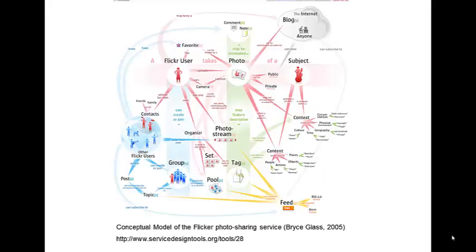Here's an example of a logical diagram for the Flickr photo service. So this is far more closely aligned to database system modeling.